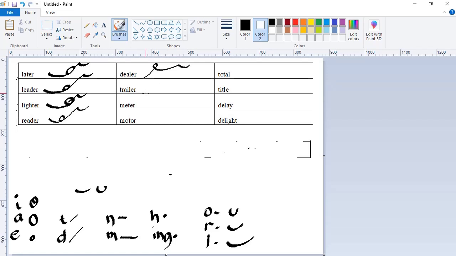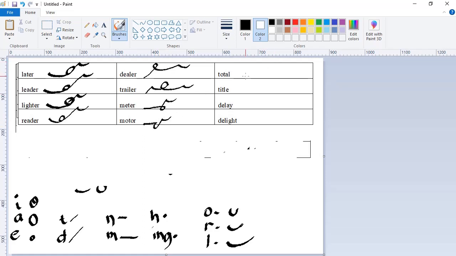Next, we have trailer. So we have T-R-A-L-R. Trailer. Meter. We have M-E-T-R. Meter. Next, motor. So we have motor. Hindi siya motor, it's motor. So it's M-O-T-R.